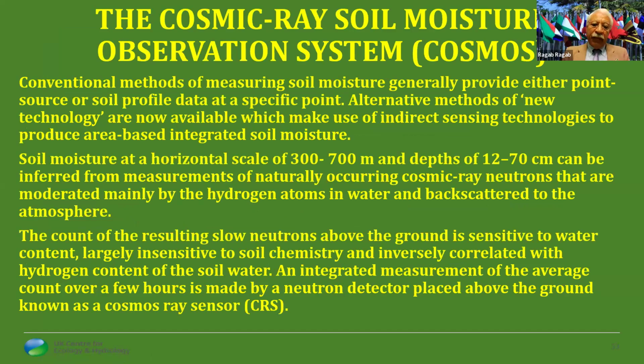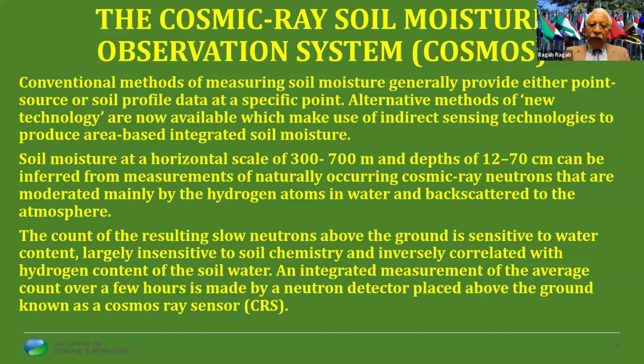Those neutrons have the same atomic weight as hydrogen. And when they collide with the hydrogen, they lose some of their velocity. And we can count how many of those neutrons became slower and how many still are fast neutrons. And this is the same principle as the neutron probe, if you remember.